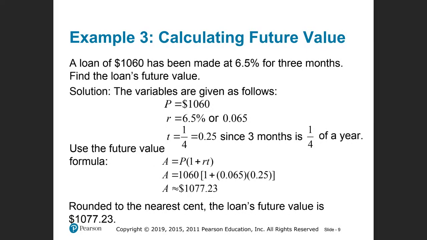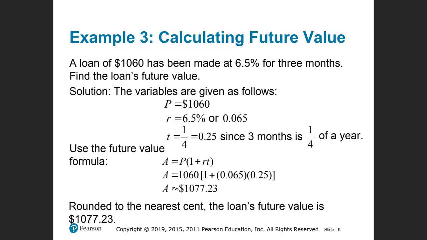P, the present value, is $1,060. The interest rate is 6.5%, which we changed to the decimal 0.065. And the time is 1/4 or 0.25 because 3 months is 1/4 of a year. It's very important that you get the time right.